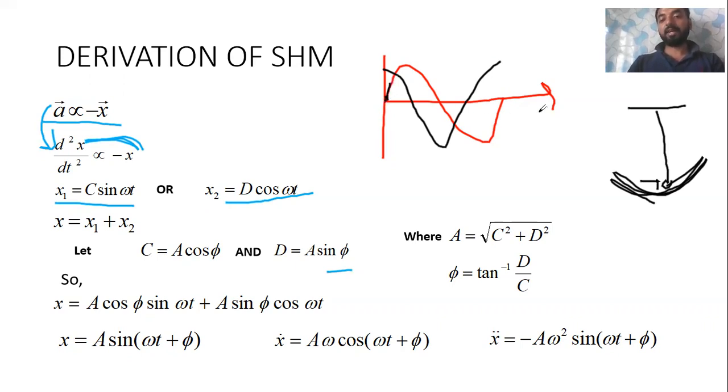And if I take the pendulum at extreme position and leave it without striking, it will oscillate like this. Again, it will come to this position. So the pendulum is starting its motion from one of the extreme positions. That becomes your cos curve, right? So therefore, we have taken both the solutions, sine as well as cos.